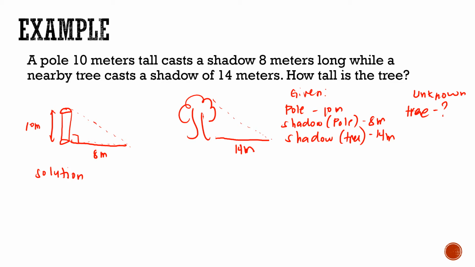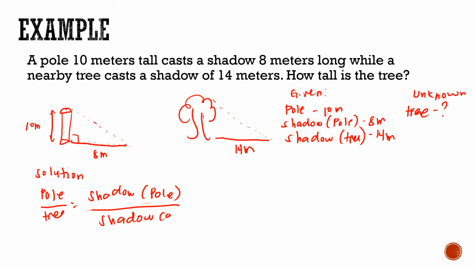So we can say that the height of the pole corresponds to the measurement of the tree, is proportional to the shadow cast by the pole, which corresponds to the shadow cast by the tree. So let's substitute the given values. So we want to find the height of the tree.